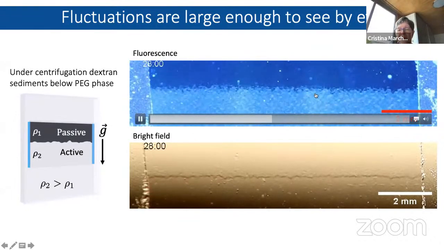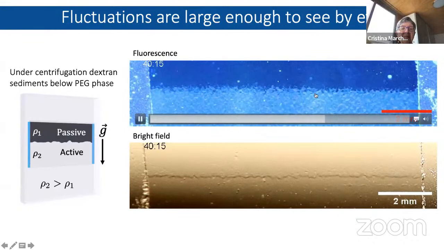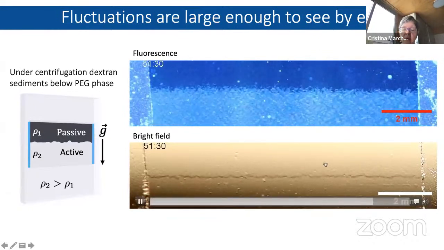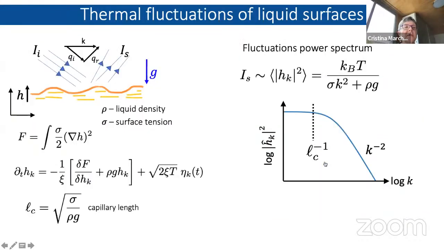And temperature doesn't play any role here. Well, I'll show you that in a minute. So the size of this fluctuation is surprising for the following reason. Let's think a minute, remind ourselves how temperature drives fluctuations of liquid surfaces. So say you have the surface of a liquid, you can image it by a scattering experiment and look at the interfacial fluctuations.